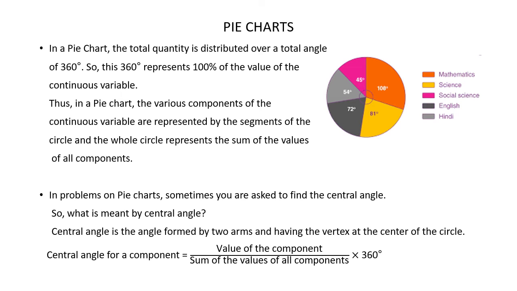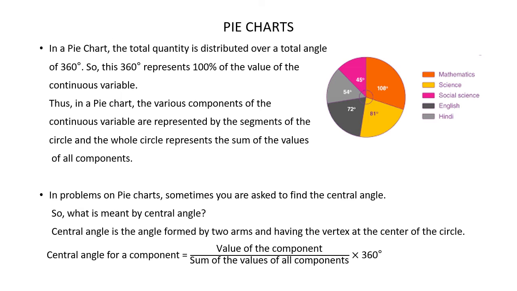Supposing the value of a particular segment is 10%. You know that sum of the values of all the segments is 100%. So you can find the central angle for that particular segment using this formula. So central angle for that particular segment is equal to 10% divided by 100% multiplied by 360 degrees, which gives the value as 36 degrees.